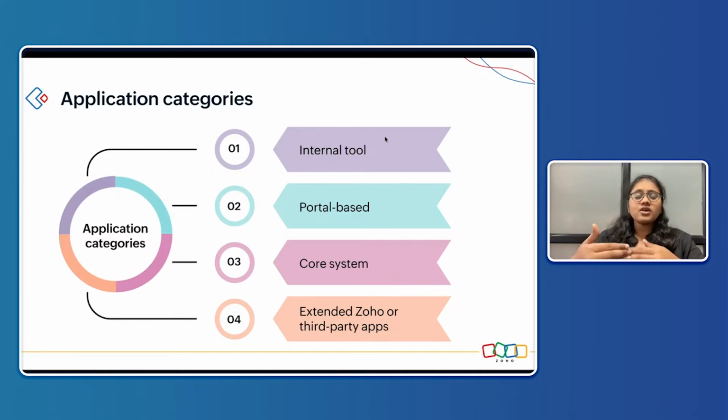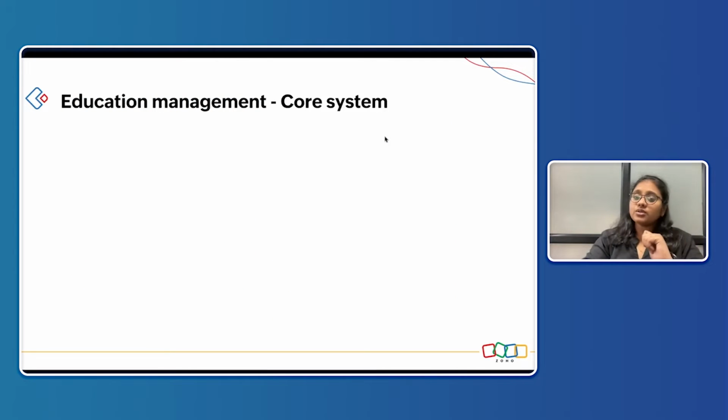For example, if I'm trying to integrate my Zoho Creator application with any of my third party applications to push and get data, then that application comes under the category extended Zoho or third party application. So these are the four categories all the applications we build fall under. For today's session, we are going to discuss education management as a core system.